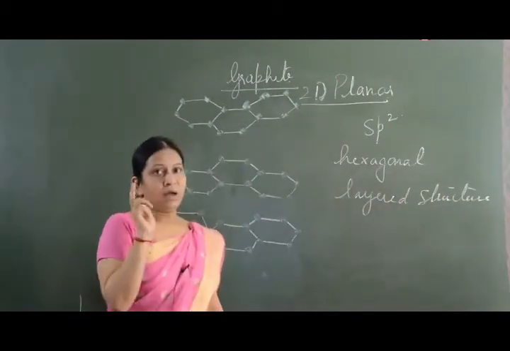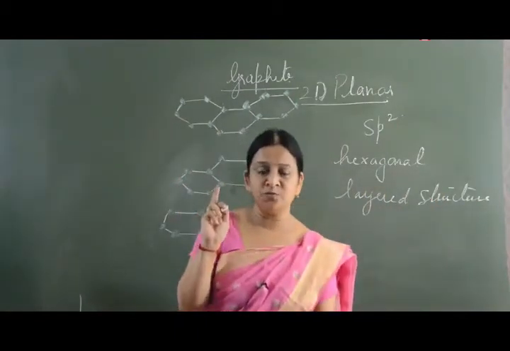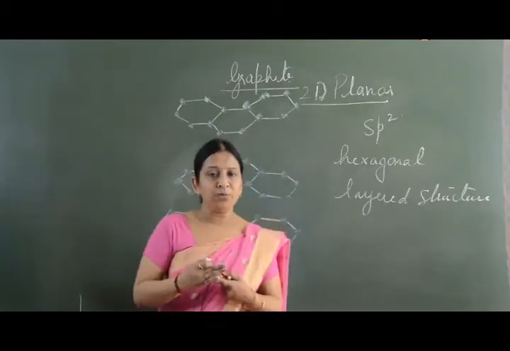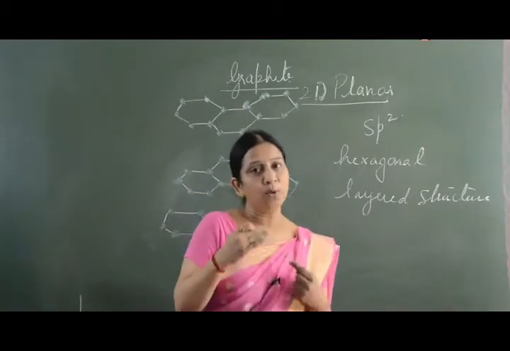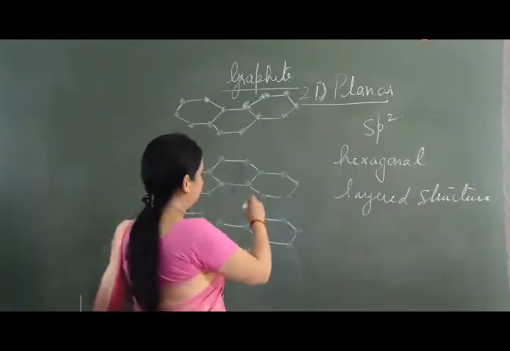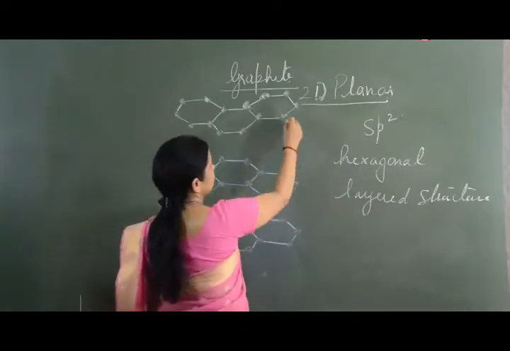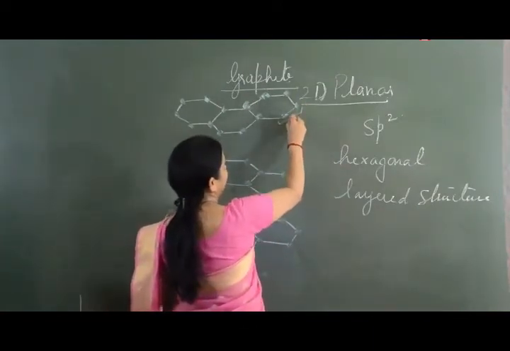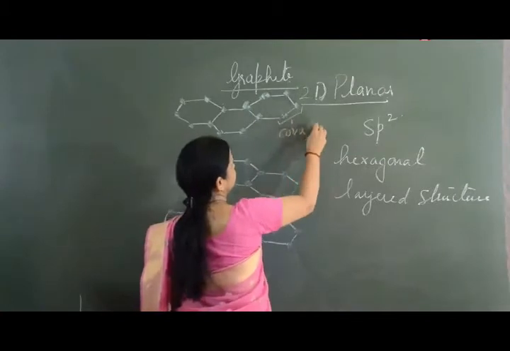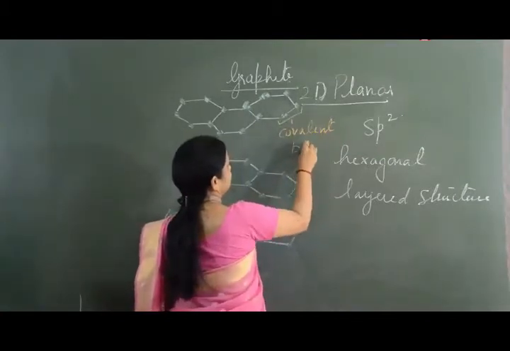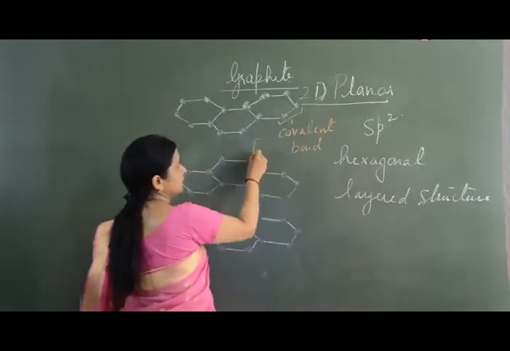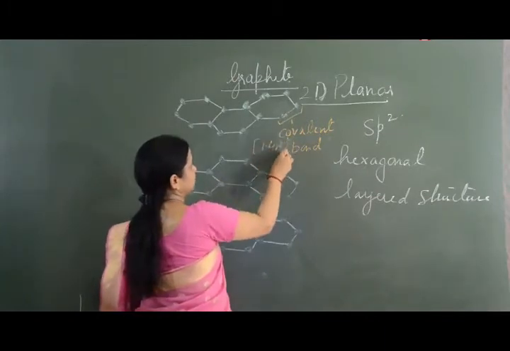Now graphite is having two types of bonding. It is having covalent bonding, and it is having van der Waals force of attraction. Within the layer, the bonding is covalent, and the order is 1.4 angstrom.